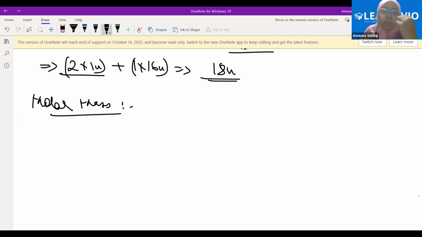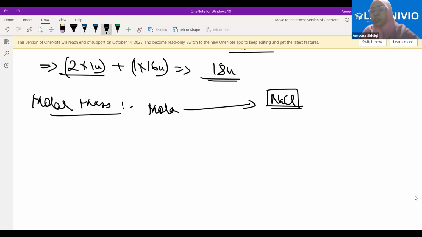Let's take the example of sodium chloride. If I say the mass of 1 mole of sodium chloride molecules, don't you think it will be called the molar mass of sodium chloride molecules? Yes or no? Yes, right?